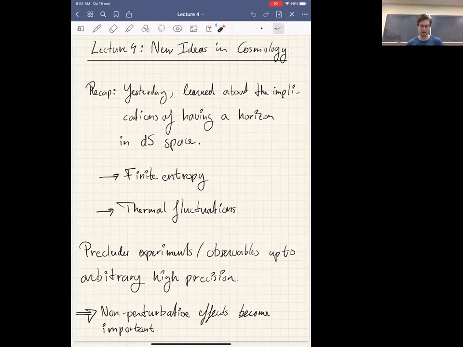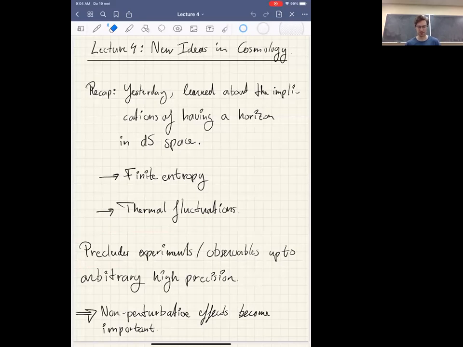This means it's very difficult to set up an experiment in de Sitter space where you can measure observables to arbitrary precision. In exact de Sitter space, this precludes the existence of asymptotic observables measured to arbitrarily high precision.